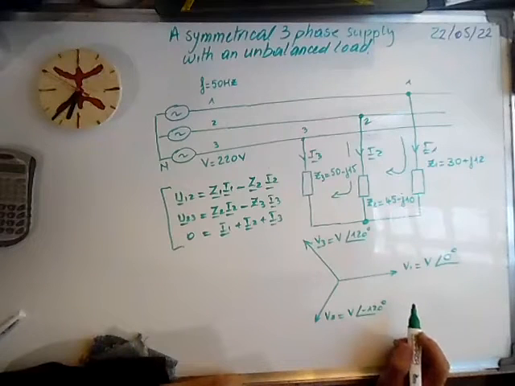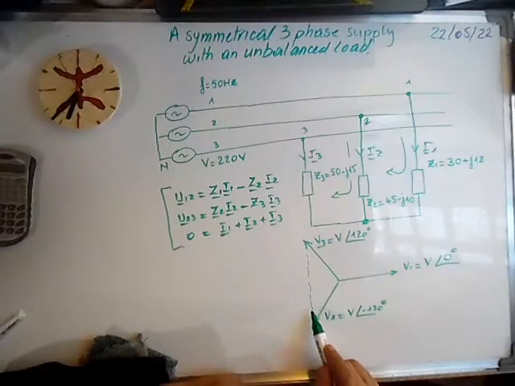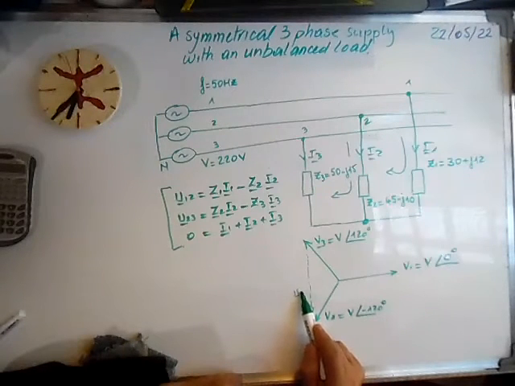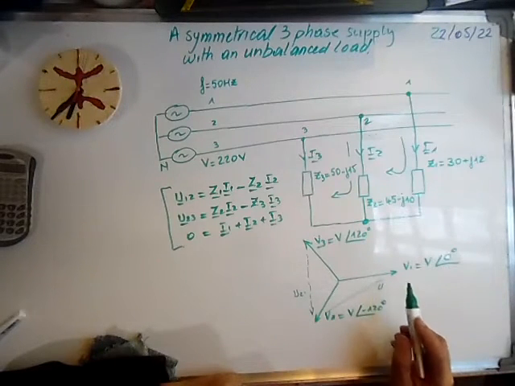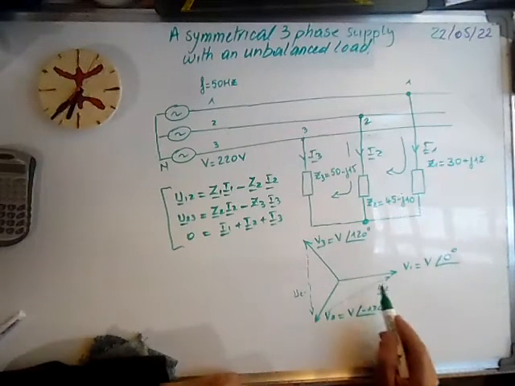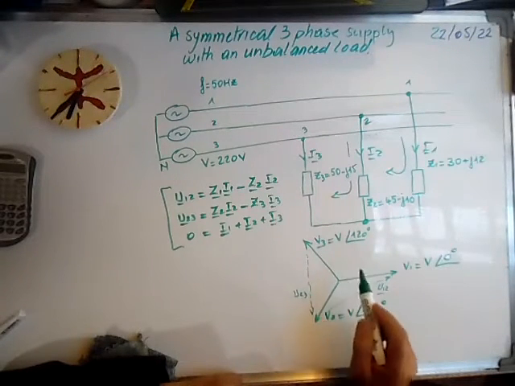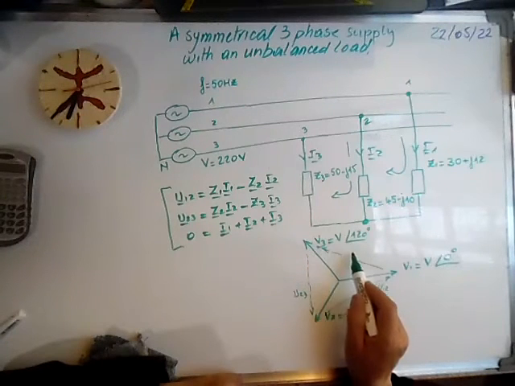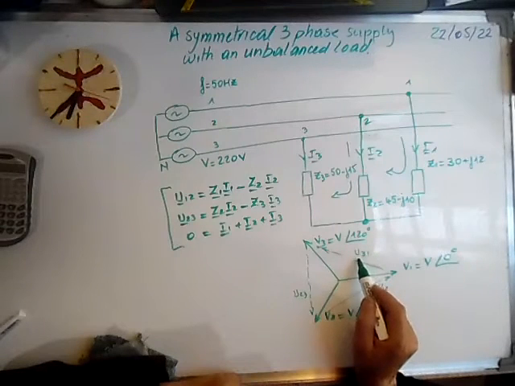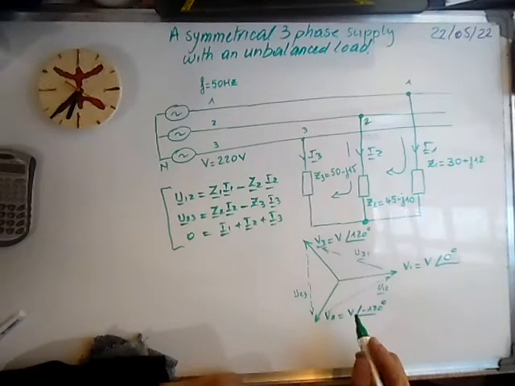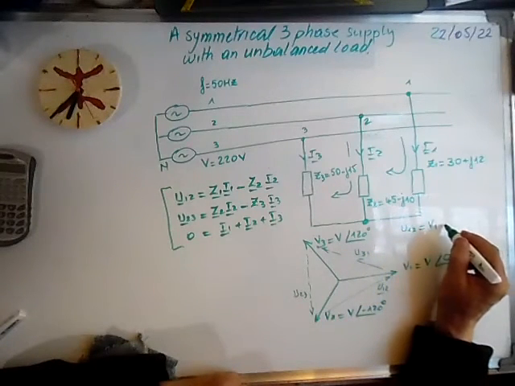So the line voltages, geometrically, we can see that this is U12, this is U23, and this is U31. We can see without calculating, of course we can calculate by writing this.